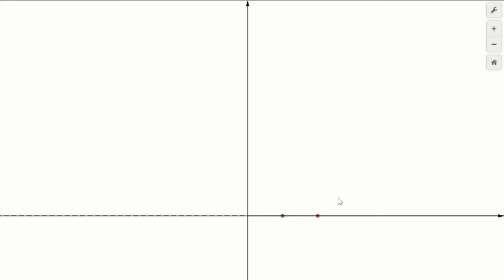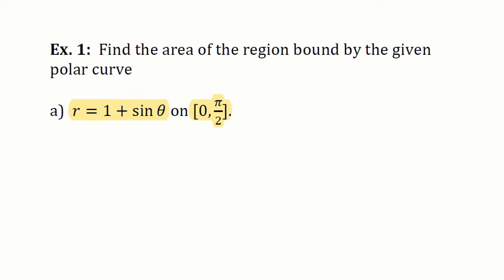So now we have technologies all over. You can either use your standard TI calculator, or you can also use decimals and quickly type out r equals 1 plus sine theta, and it will give you the following graph. So here's the graph for the polar curve, 1 plus sine theta.